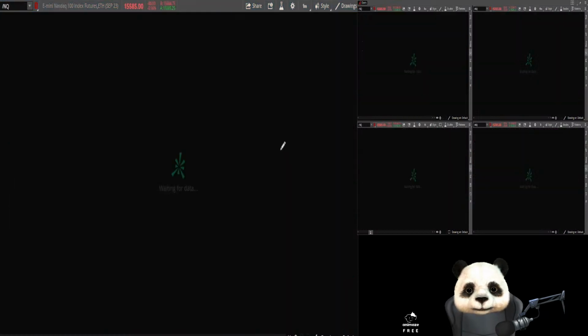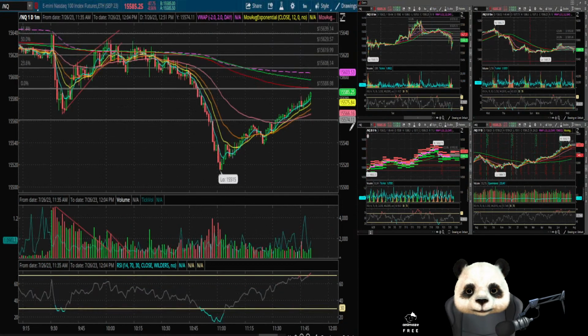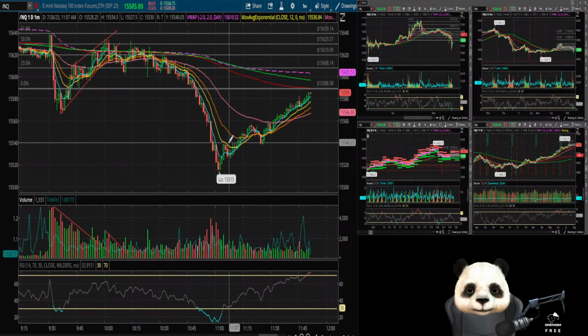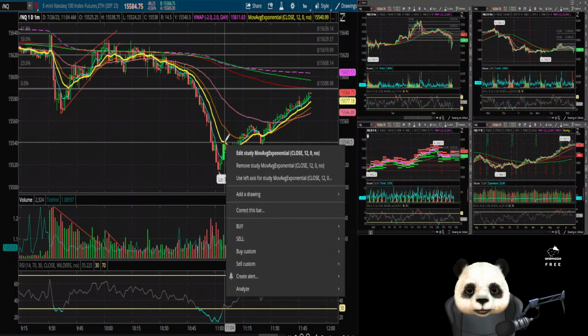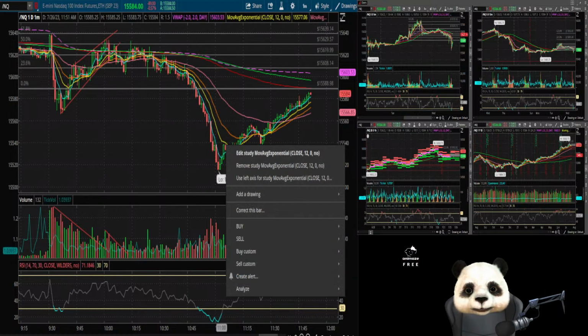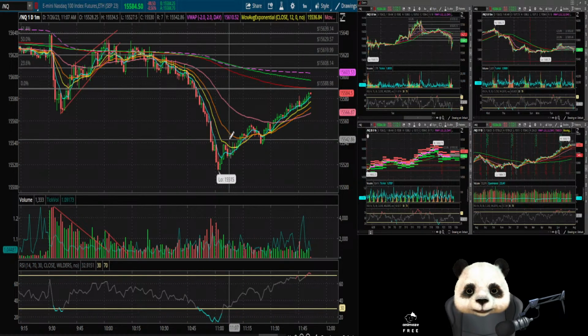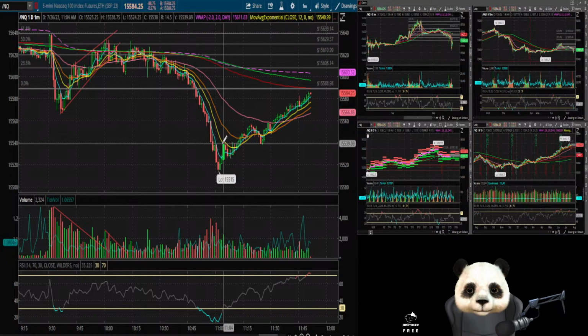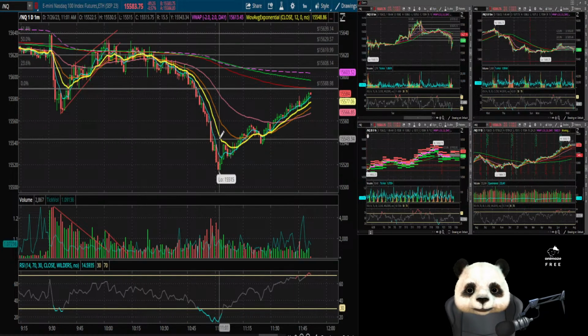I took a small trade around here, hoping to bounce off the 12 EMA that I have. I was hoping to have this level as a resistance. I took a small loss of I think 60, $80.